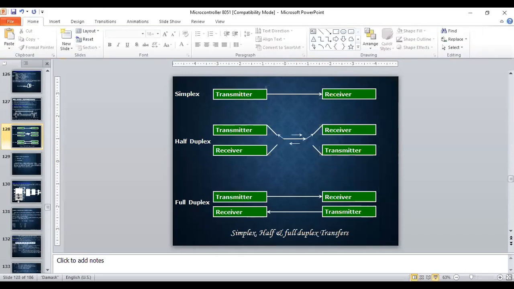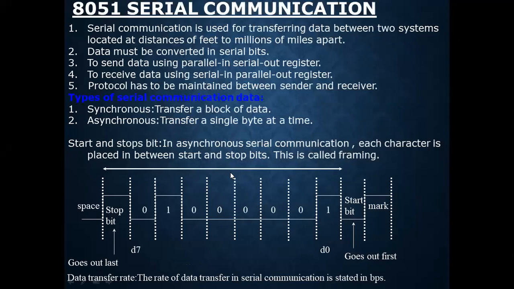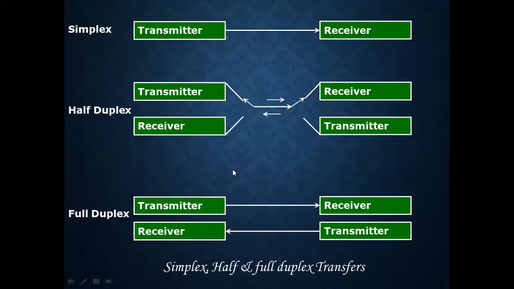Okay, no, this is the correct one. So transmitter to receiver. Here you can see transmitter to receiver at a time. Whenever this switch is here, this switch will be here also. So at a time, one particular device can participate in transmission.